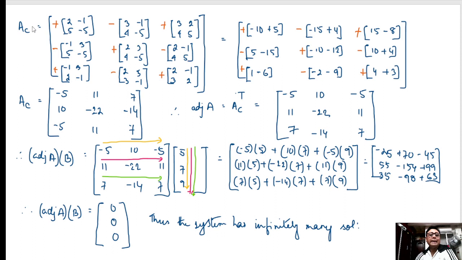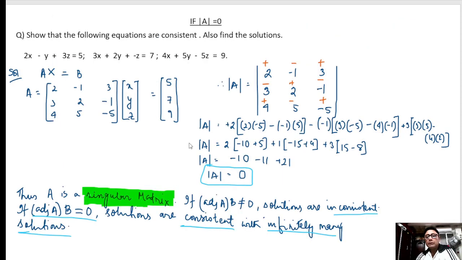For finding the adjoint, we have to find the cofactor. I already taught you how to find the cofactor. Okay, please refer to that. This is how to find the cofactor. Choose the positions. You cannot take the row and column first. If you want to find the cofactor of this, you cannot take this row and this column. You have to take this part. Clear?